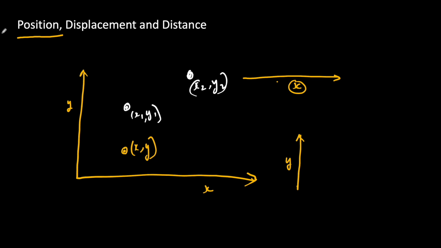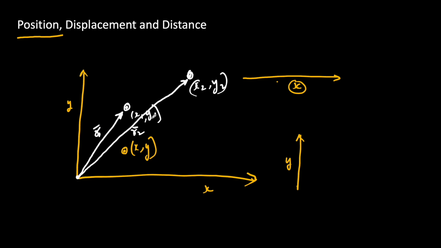So position is nothing but the distance, the coordinates of the body from a reference. Here the reference is the origin of this graph. So this one is r1 vector, this one could be r2 vector.